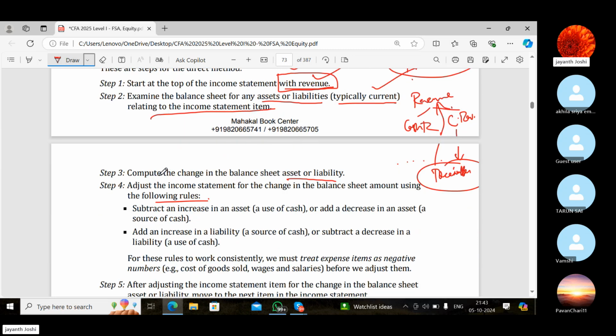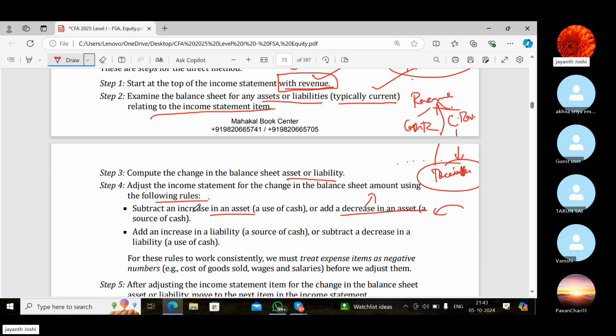Then you have to compute the changes in the balance sheet items. We will understand this while doing it practically. Then you need to adjust the income statement for the change in the balance sheet amount using the following rule: subtract an increase in an asset, and add a decrease in an asset. See what happens. When the asset decreases, you are selling the asset, you get a cash inflow.